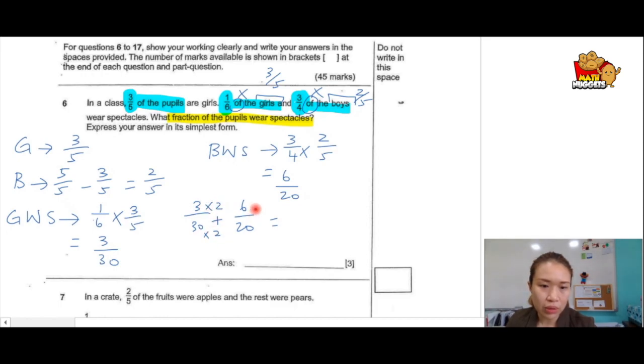Change them to the same denominator. That gives 24 out of 60. And if we simplify this, we can divide by 6, and divide again. The final answer is 2/5.